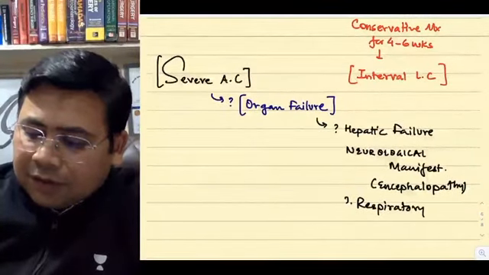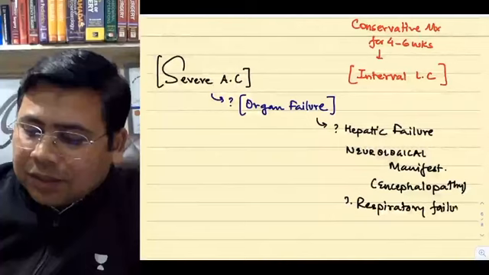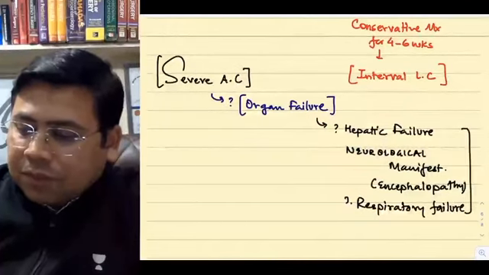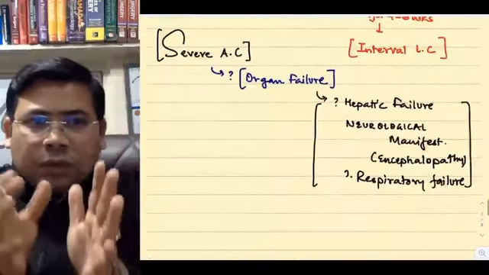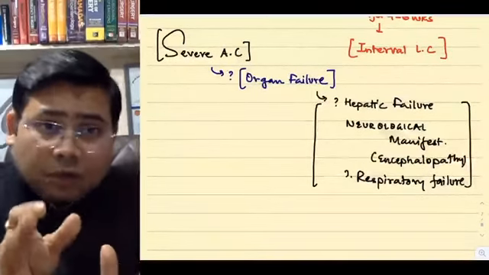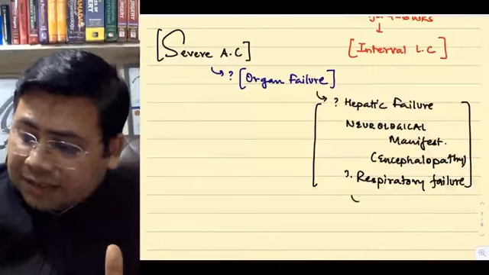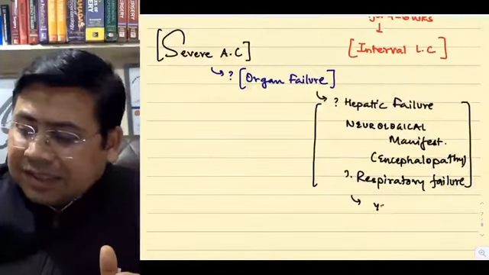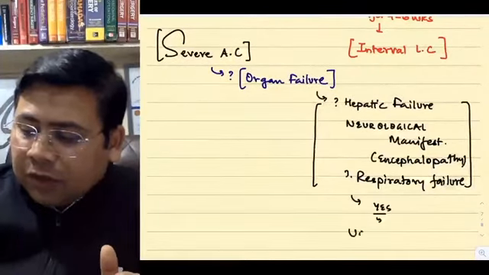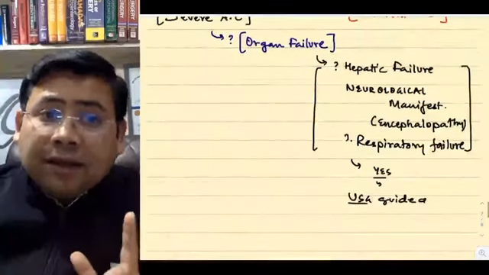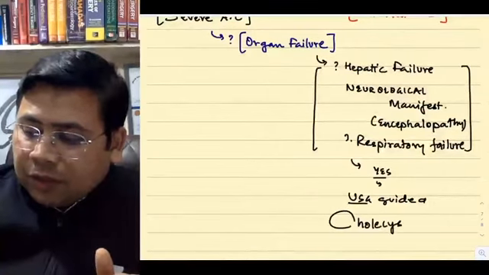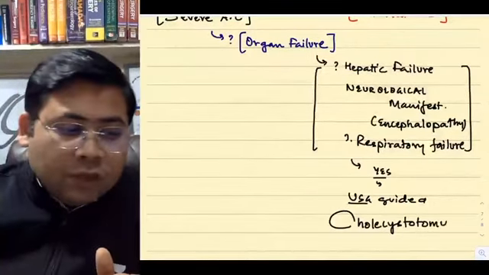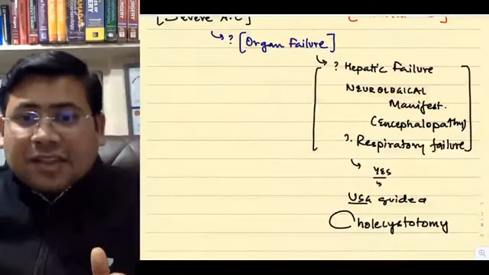Or if the patient is having respiratory failure, these are the patients where surgery is absolutely contraindicated, and hence you need to take that septic bile out of the body. In these cases, you go for USG guided bile drainage. What is that known as? Cholecystostomy. So USG guided cholecystostomy.